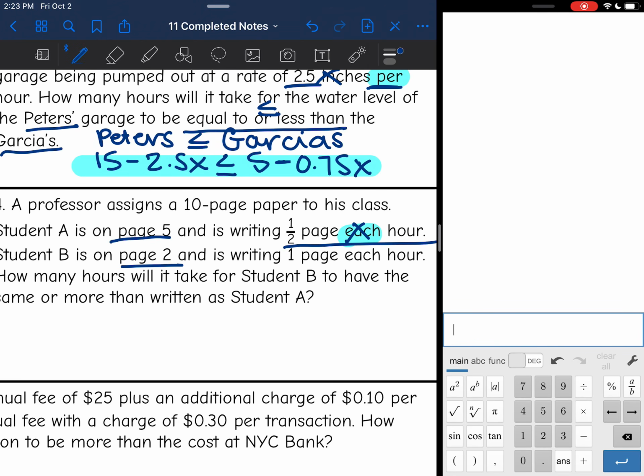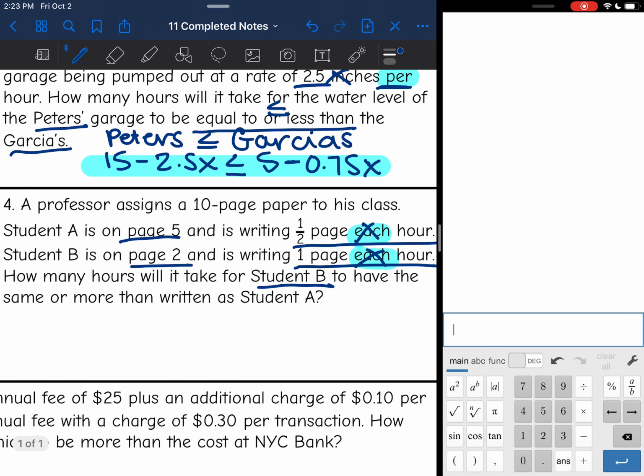Student B is on page 2 and is writing 1 page each hour. There's the x with that one. How many hours will it take for student B to have the same or more than, so greater than or equal to, student A? So we want to know when student B will have greater than or equal to student A.